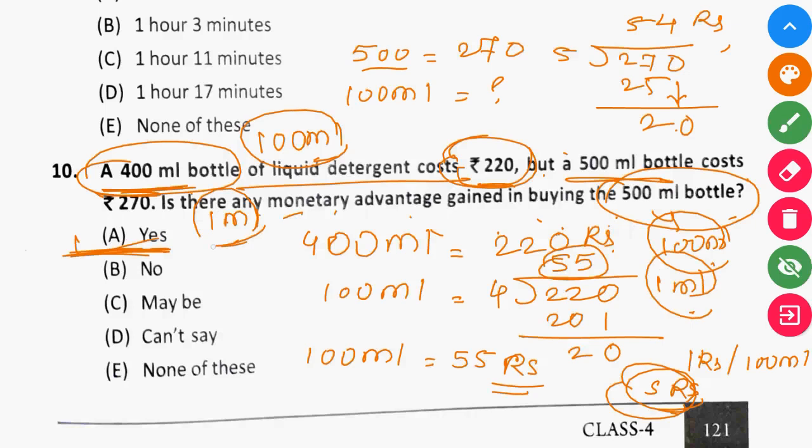And after that if the 500 ml bottle is cheaper than the 400 ml bottle, then it is beneficial to the buyer. So our answer is yes.